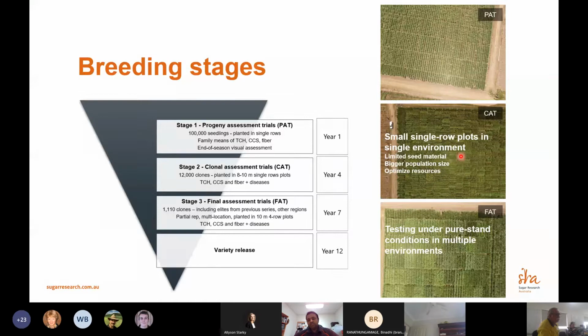And usually the breeders like to have a bigger population so that you have a better chance of finding a good clone. So they usually have to have a balancing act of having a bigger population and optimizing the land resources. So in early stages, the clones are tested in small single row plots in single environments.